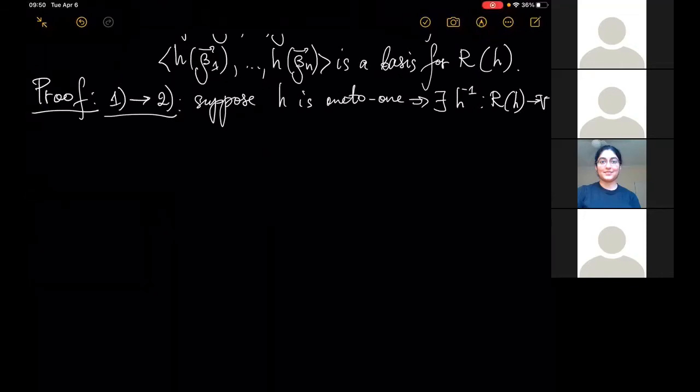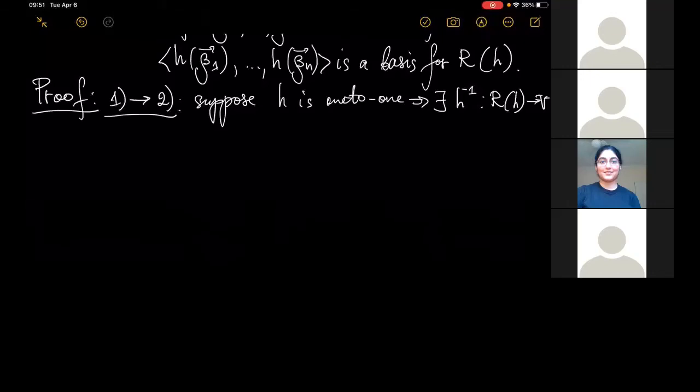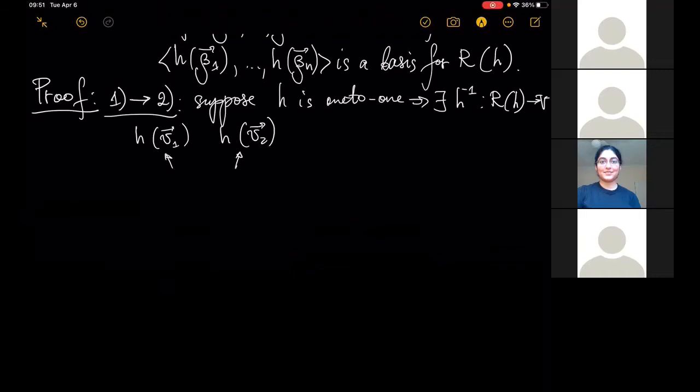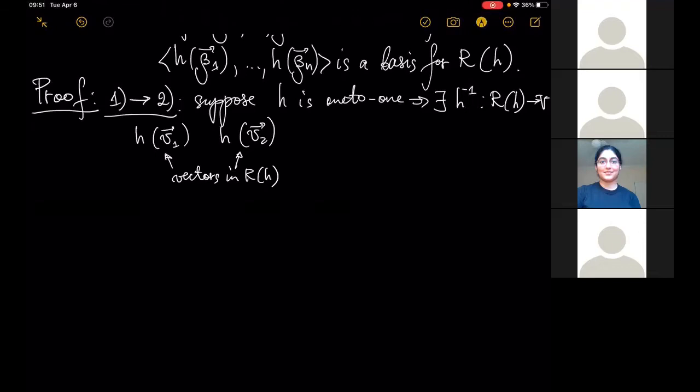If we consider two vectors in the range of our homomorphism, then we can create a linear combination of them.